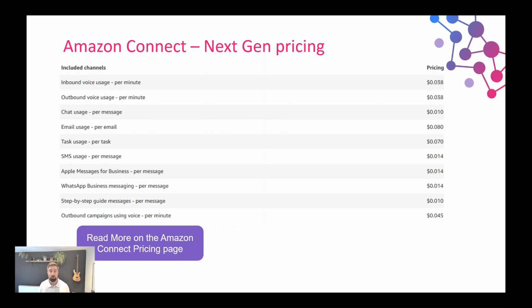For chat usage, it's 1 cent per message compared to 0.4 cents per message previously. And tasks, you're looking at 7 cents per task compared to 4 cents per task. So around twice the price for those channel usage figures, but of course including the unlimited use of all your AI features that we mentioned.